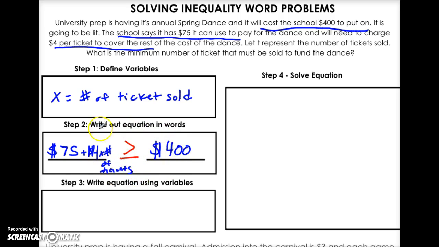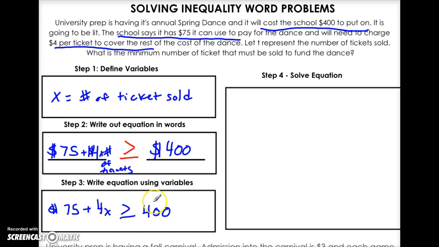Putting this sign in the right direction is the most important thing. Well, let's keep setting this up. This is going to be $75 plus 4, and the number of tickets is x, so it's going to be 4x, has to be greater than or equal to 400.